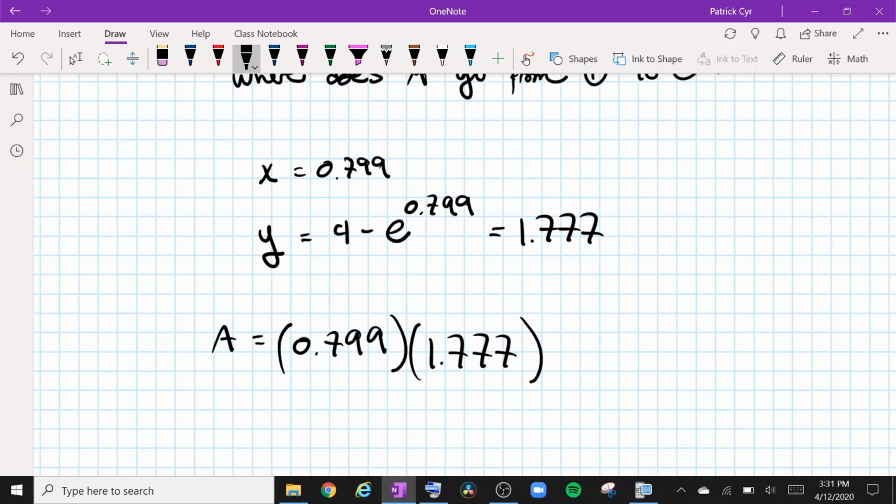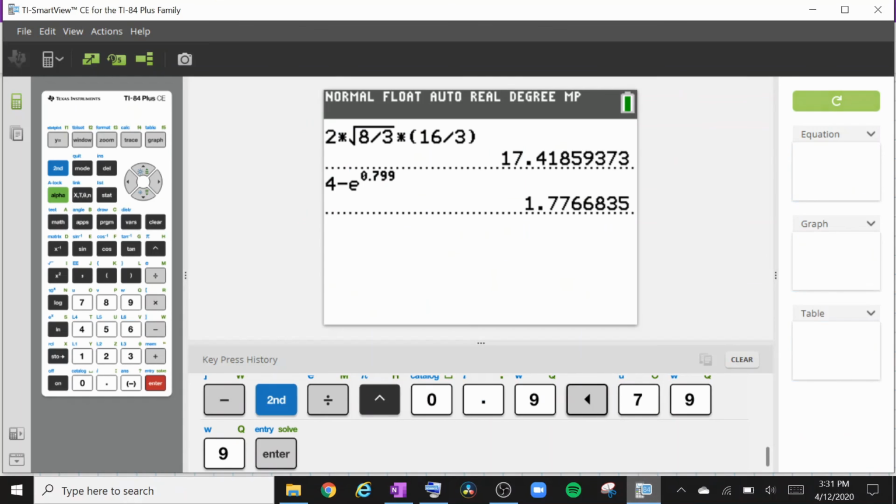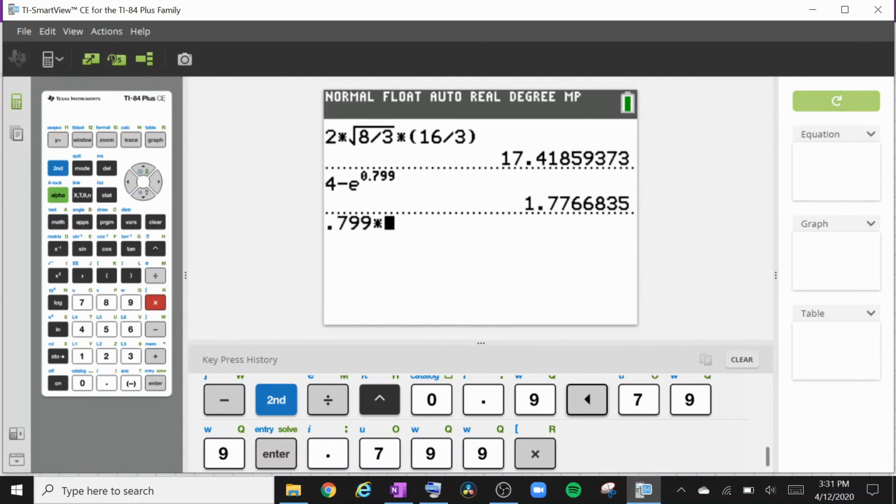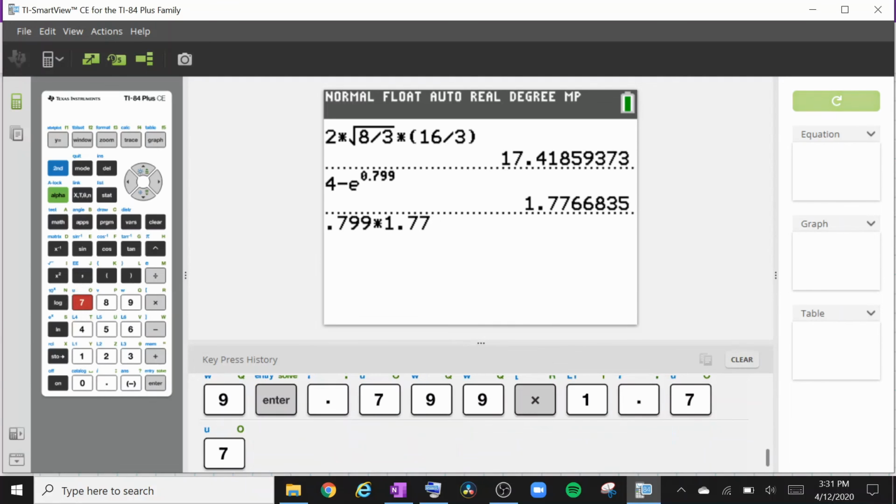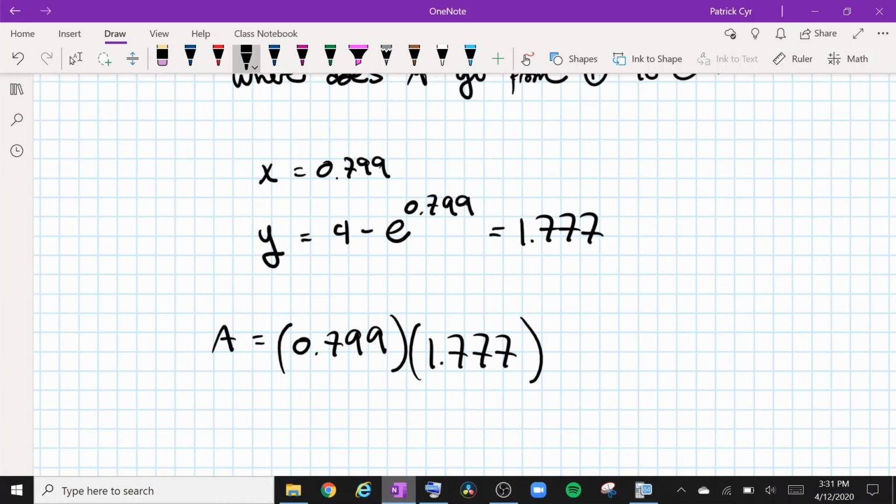So 0.799 times 1.777. Okay, and we get 1.419, let's round this up to 1.420. That's going to be the maximum possible area for the rectangle underneath the function.